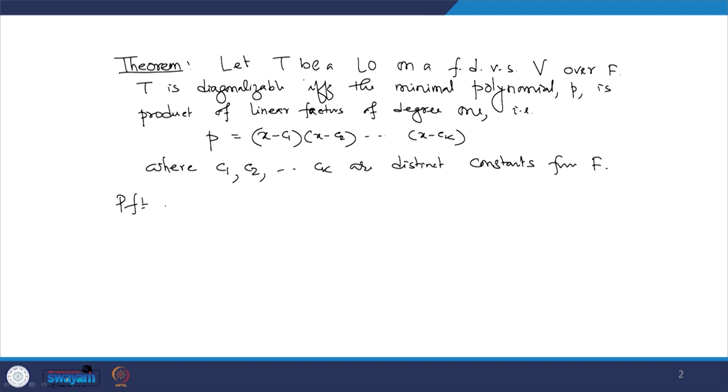Already we have seen, if T is diagonalizable, then the minimal polynomial P is written in the form of x minus C1 into x minus C2 into x minus Ck.